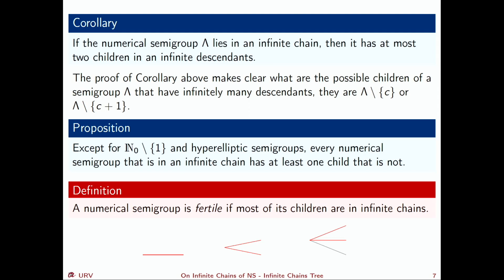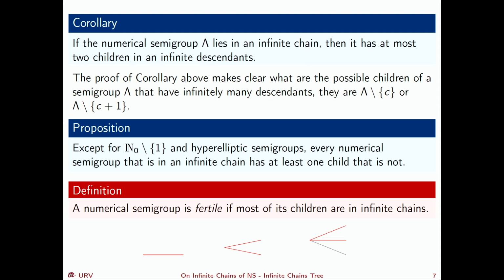For that, we made this definition of a fertile numerical semigroup: one where most of its children are in an infinite chain. So a fertile one is like this one, or this one. Those are all the options.